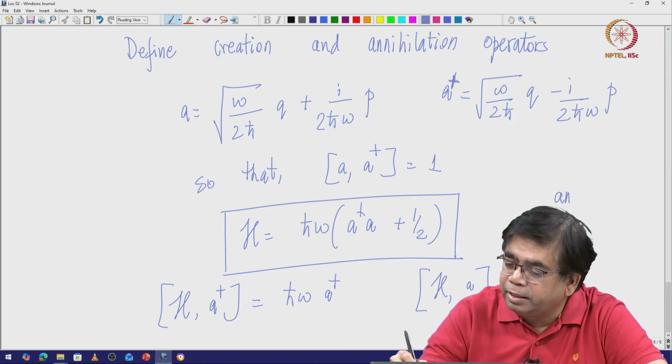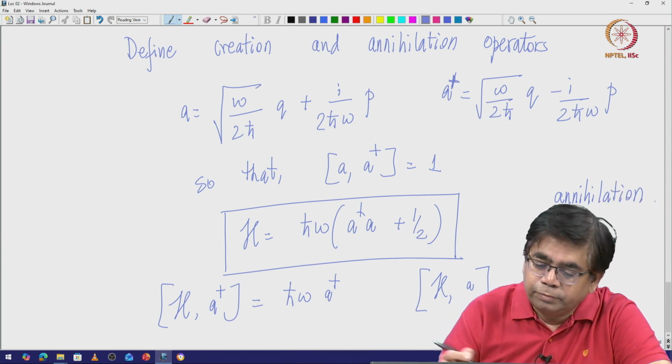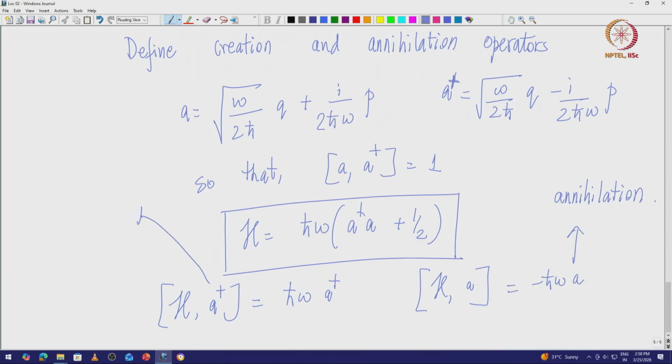It is defined such that it annihilates the vacuum, whereas the A dagger operator is the creation operator. It creates a state from the vacuum.